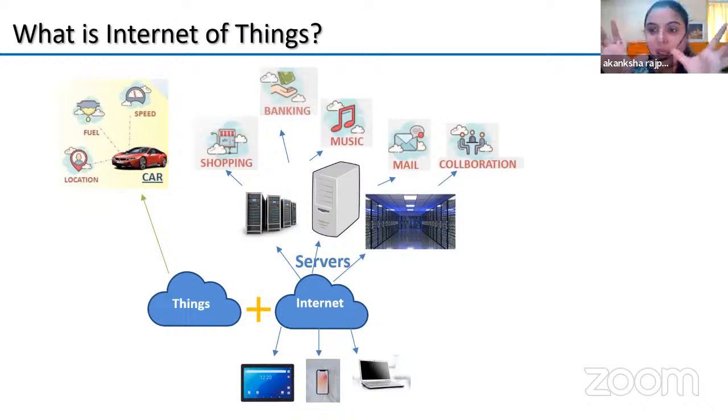All these parameters you can access on your mobile phone, and these parameters are completely real time. In that case, you have to make an application, and you have to make an internet connectivity in the car.